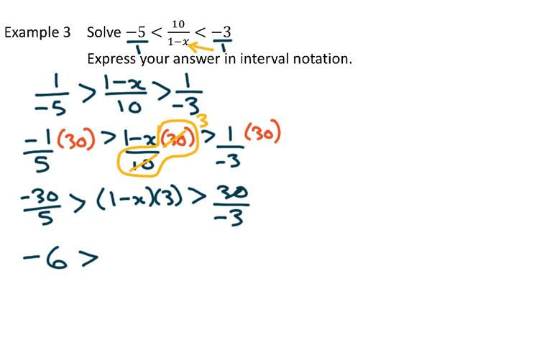In the middle, this 3 needs to get distributed into the 1 and the x, so that will end up being 3 minus 3x. And on the right, 30 divided by negative 3 is negative 10. So now we're left with a very similar situation to the last example. We need to get the x isolated in the middle, so I'm going to subtract 3 from all these sides.